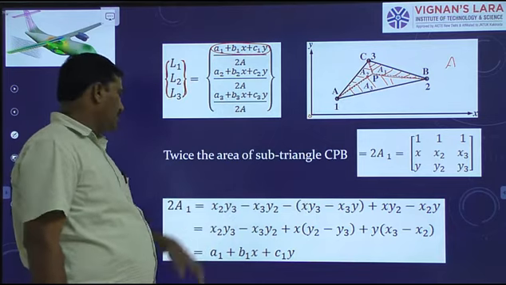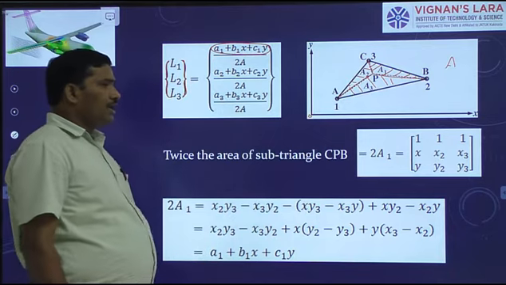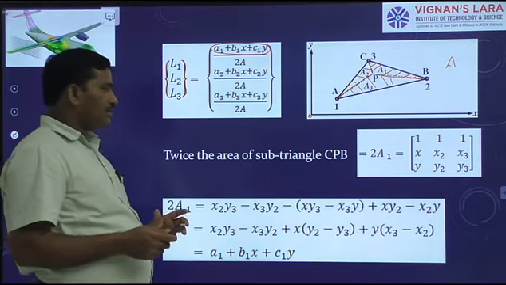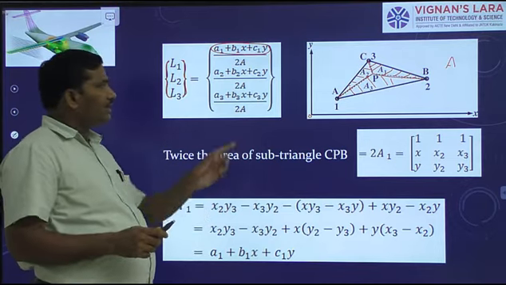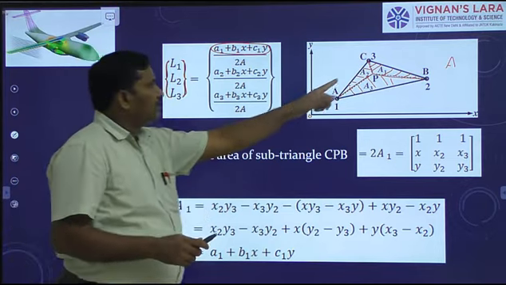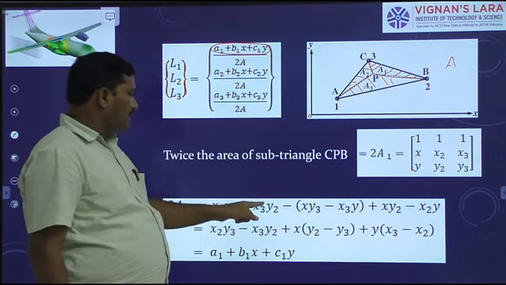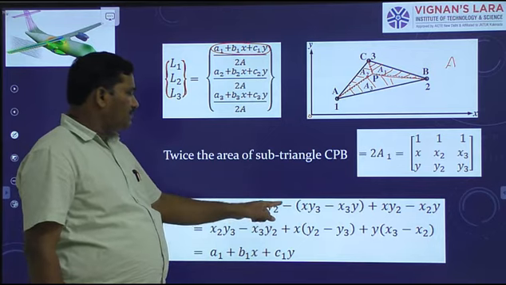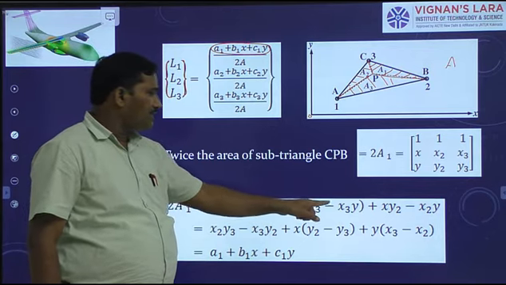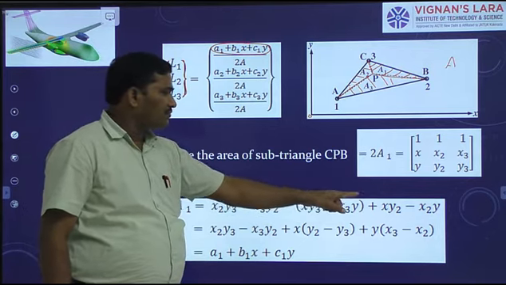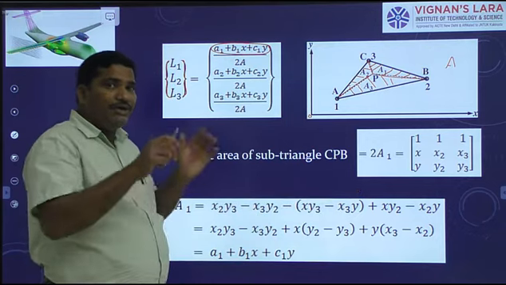How do you get the area of the first triangle? A1 equals x2 y3 minus x3 y2 minus of x y3 minus x3 y plus x y2 minus x2 y, divided by 2.